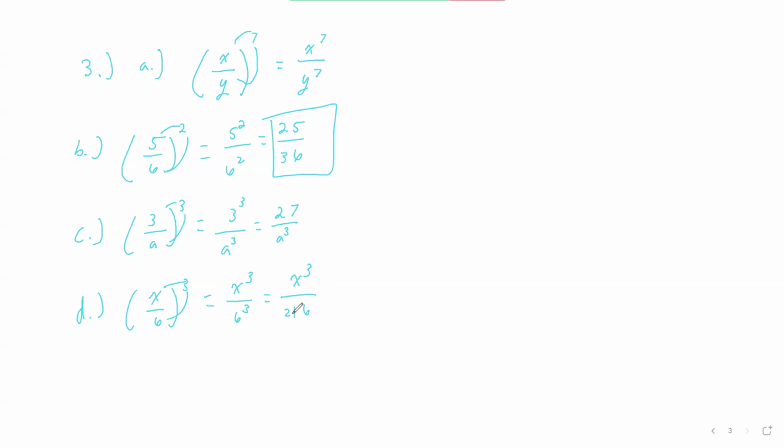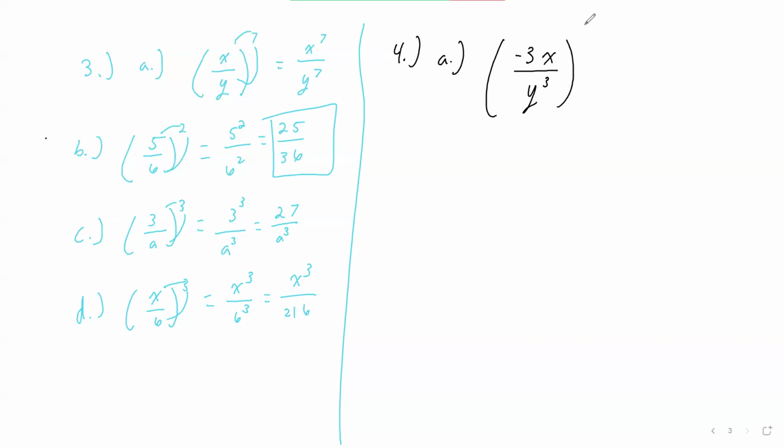Yeah. All right. So let's make this a little bit more challenging. Let's look at negative 3x over y cubed, all raised to the third power. When you say all, what's that mean?